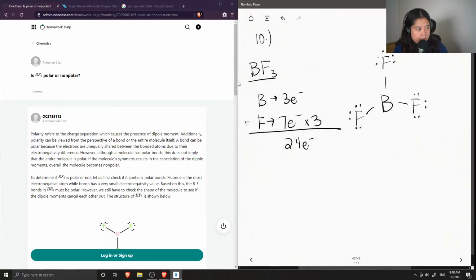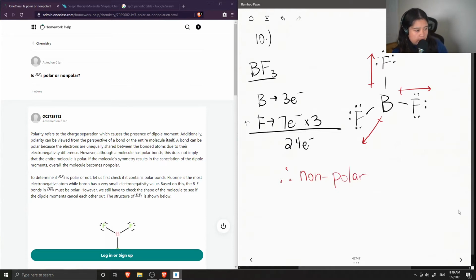And the question asks if the molecule is polar or nonpolar. So if we recall, fluorine is much more electronegative, so it's going to pull and have dipole moments in the molecule. But since boron has no lone pairs, everything is symmetrical, so all of these dipole moments will cancel each other out. So therefore, this molecule is nonpolar.